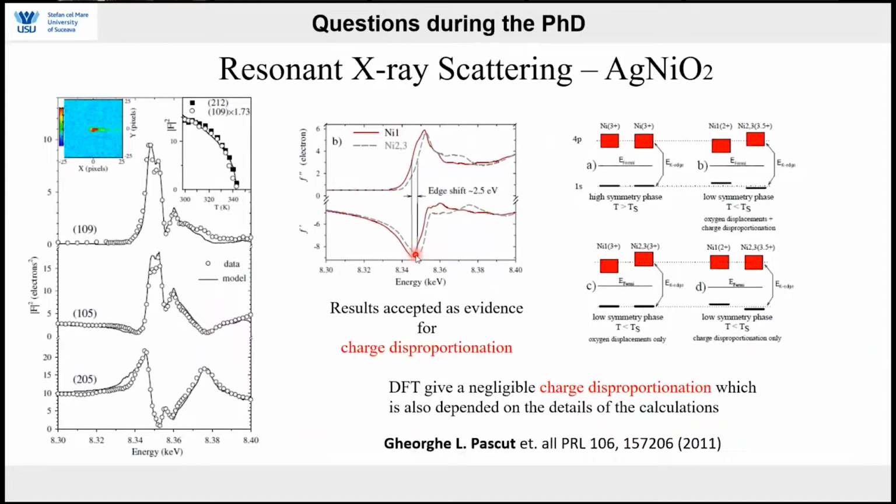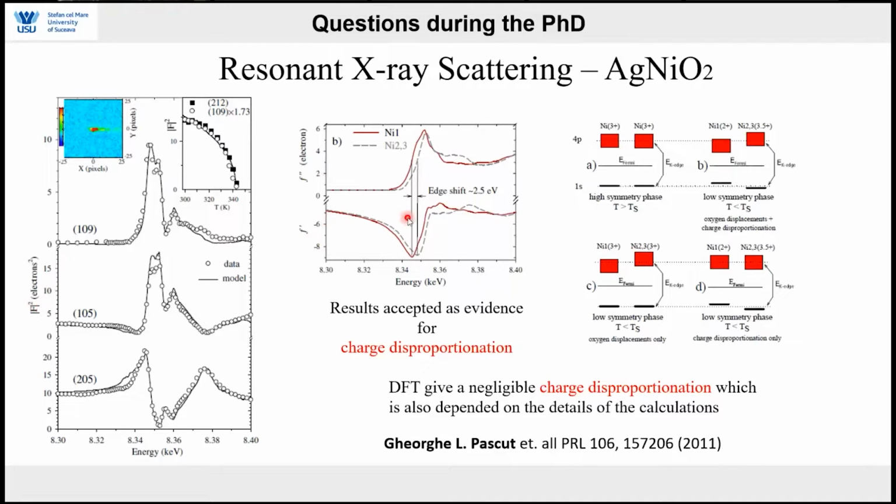Okay, let me see how to explain this. The form factor is complex, and F prime is the real part, F double prime is the imaginary part. In reality, the form factors are complex numbers, and they are related through the Kramers-Kronig relations.